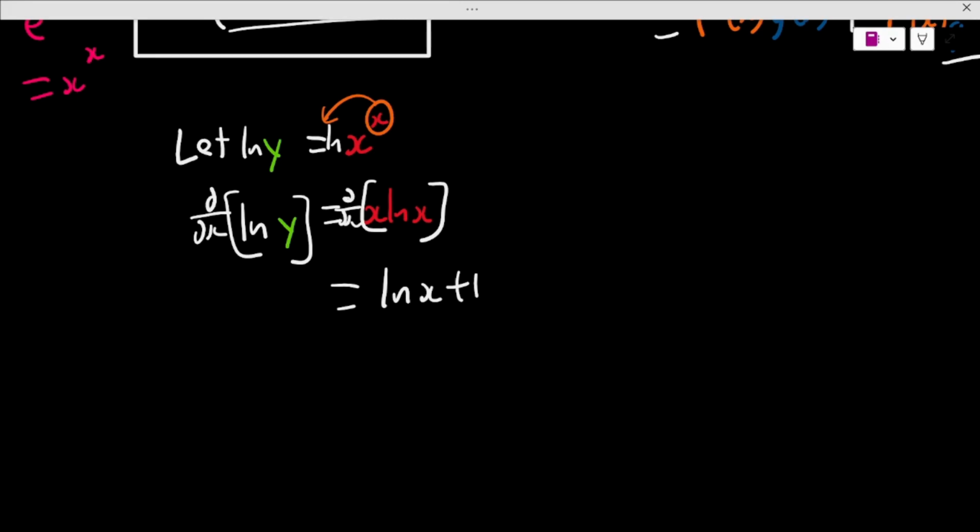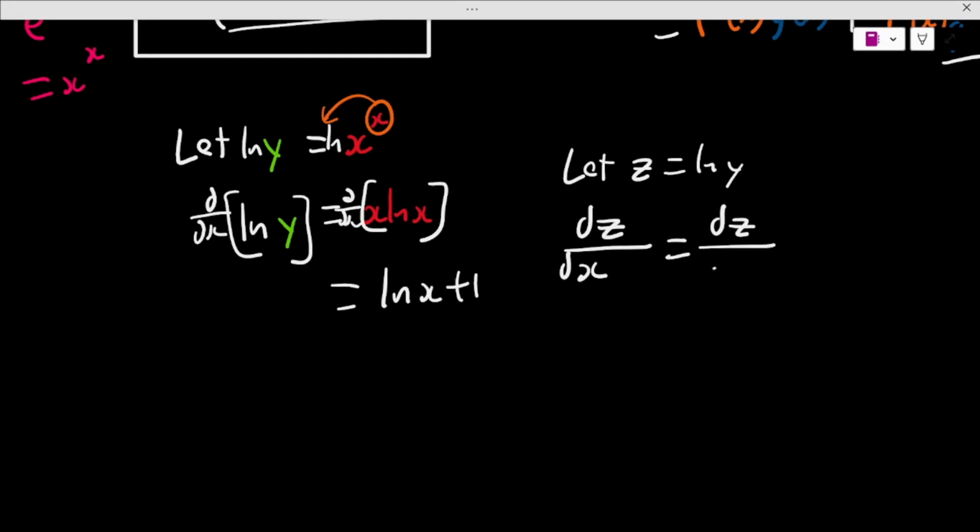Well, we initially expressed y in the form of x, so y is a function of x. If we let ln y be z, then the derivative of z with respect to x would be equal to the derivative of z with respect to y times the derivative of y with respect to x. This is the chain rule.